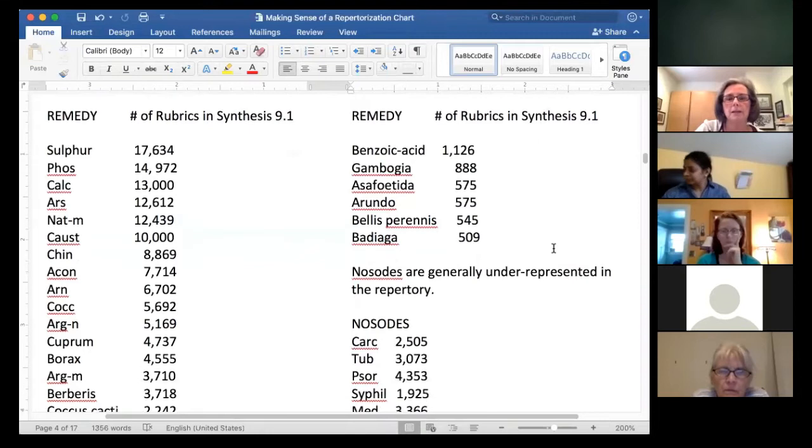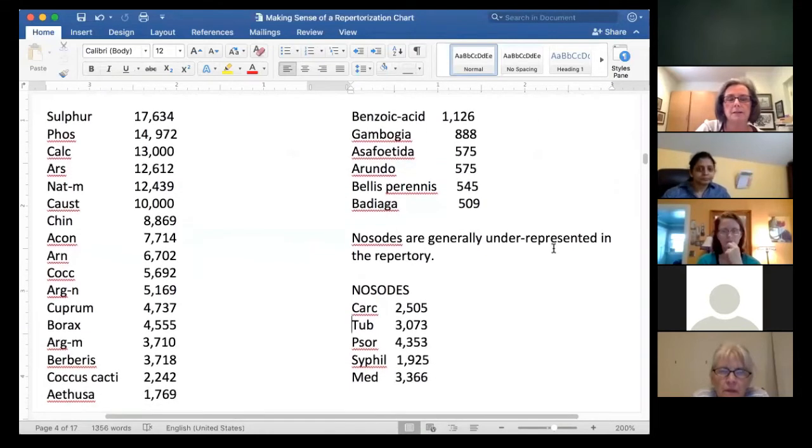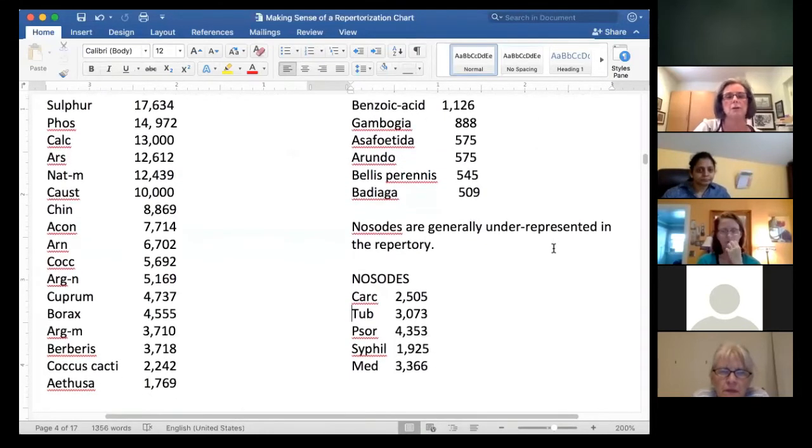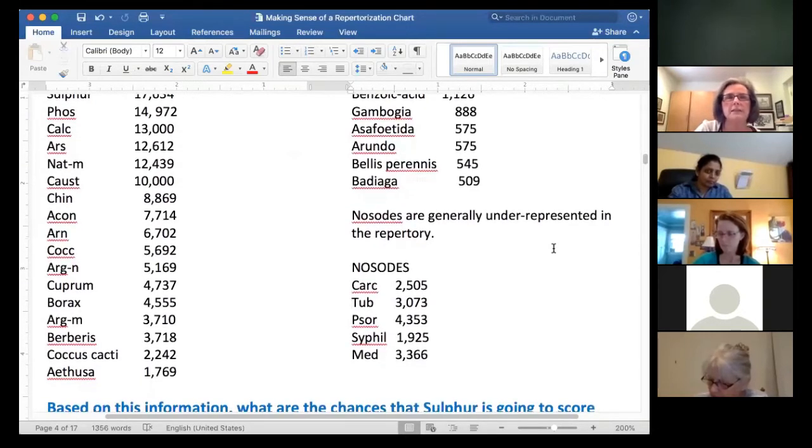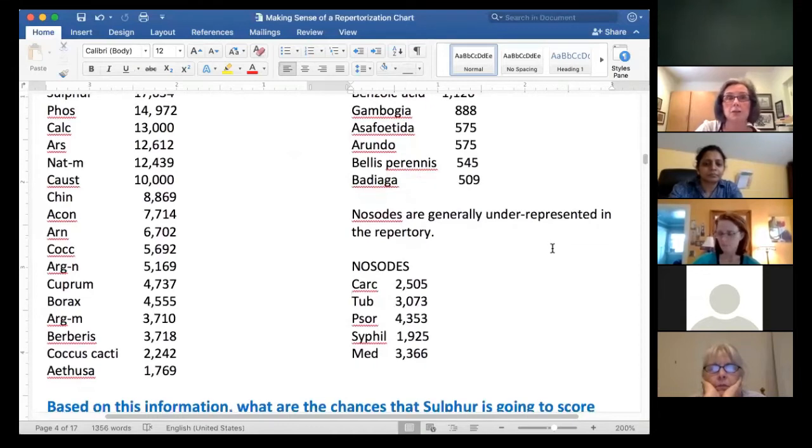Another thing to think about is that typically the nosodes are underrepresented in the repertory. So if you're looking for a nosode, be aware that we don't have 17,000 rubrics for a nosode. So unless you have a very specific repertorization, the chances of them showing up are less than the chances of sulfur showing up.